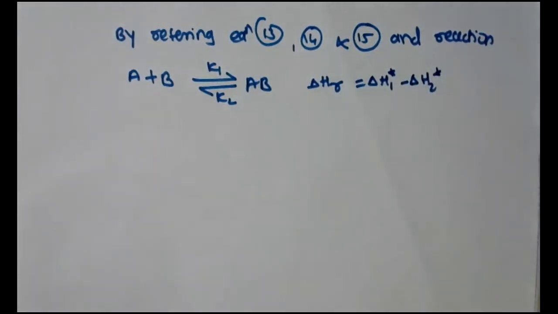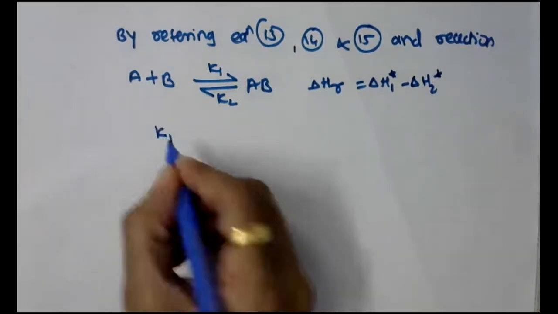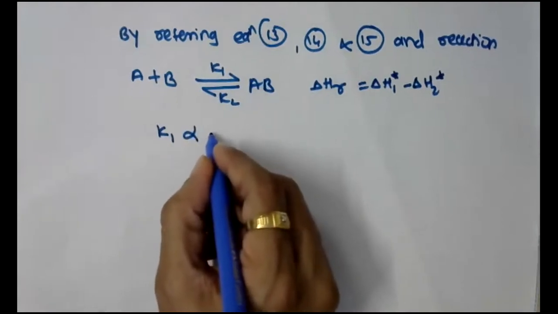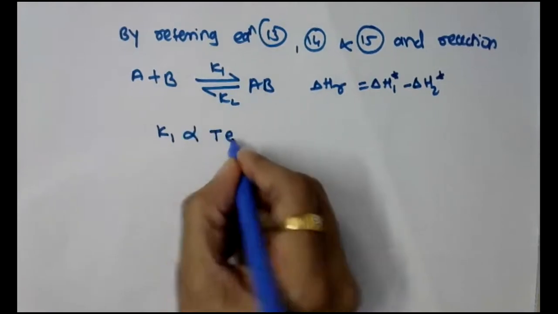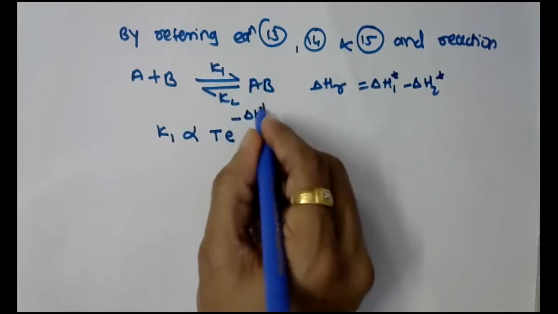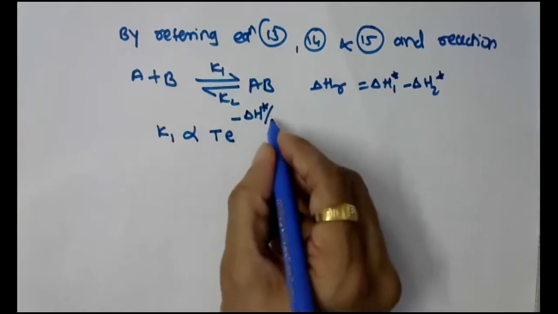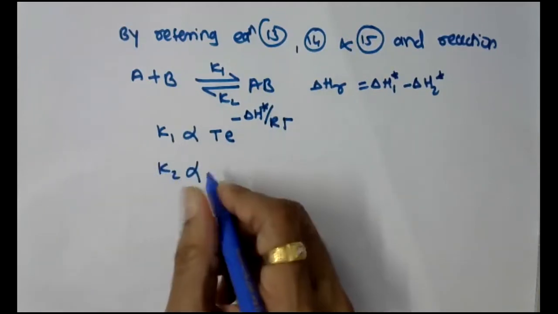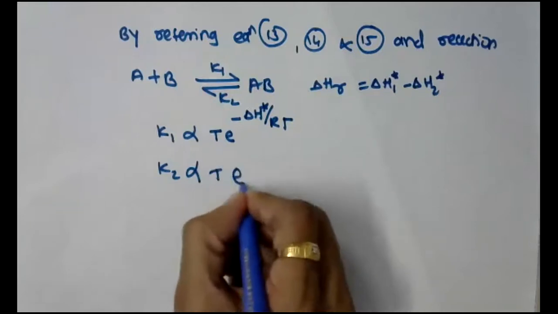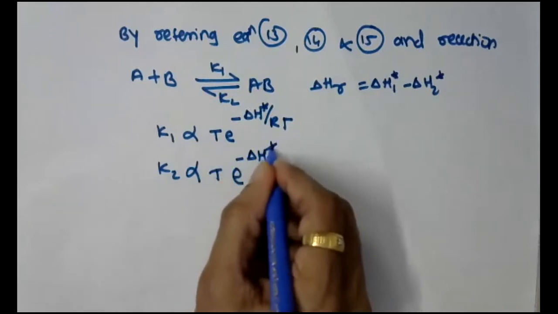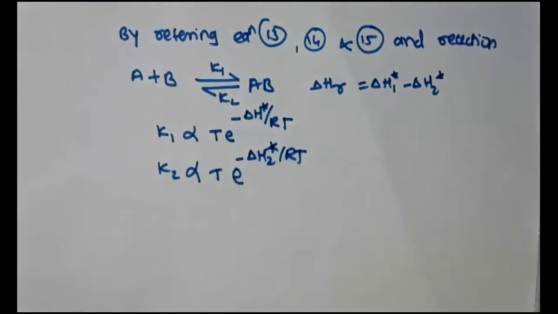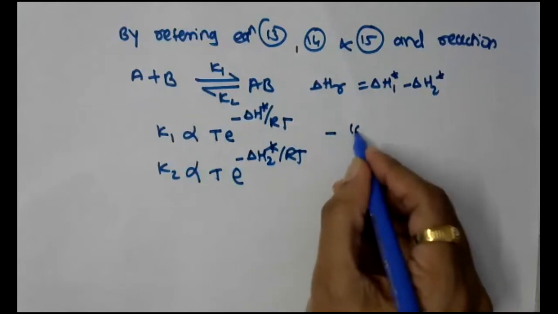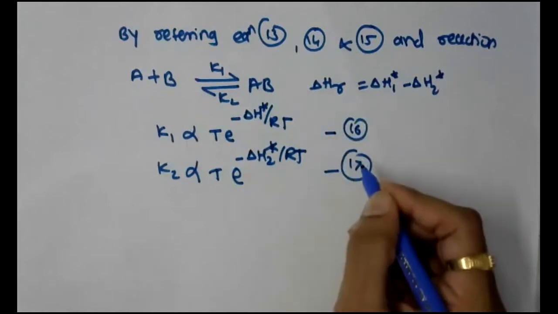We can write K1, that is rate constant for the forward reaction, is directly proportional to the term T e raised to minus delta H1 star upon RT. Similarly, K2 proportional to T e raised to minus delta H2 star by RT. Say this is equation number 16, and say this is equation number 17.